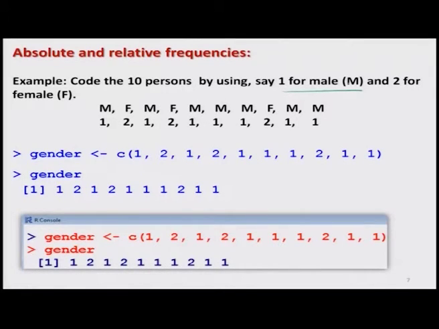So, what I try to say here is that for the male, for the letter M, I use an indicator 1, and for female, for the letter F, I use an indicator 2. So, whatever data I have here in terms of letters M and capital F, I can convert it into terms of 1 and 2. So, M is denoted by 1 and F is denoted by 2, and you can see I have written that here.